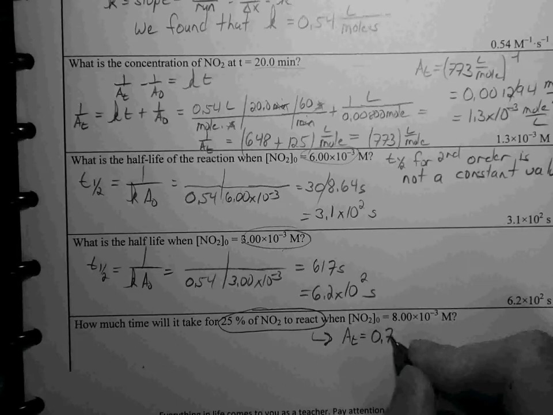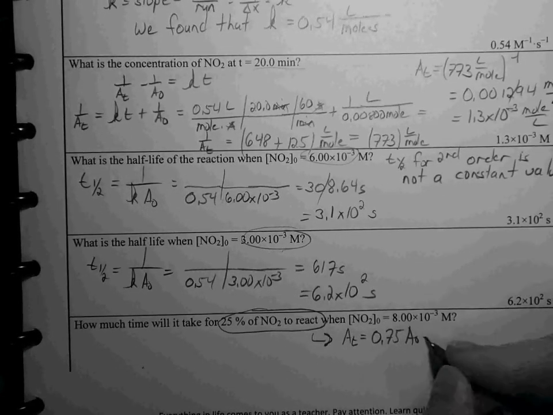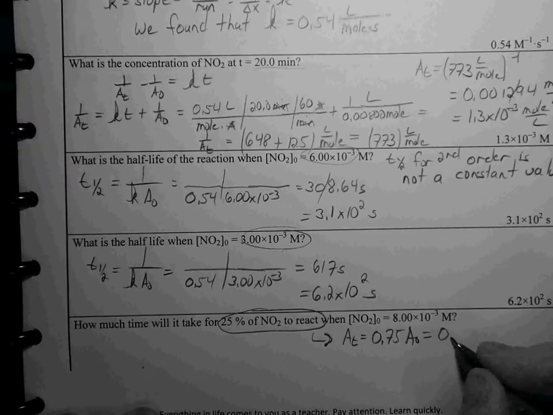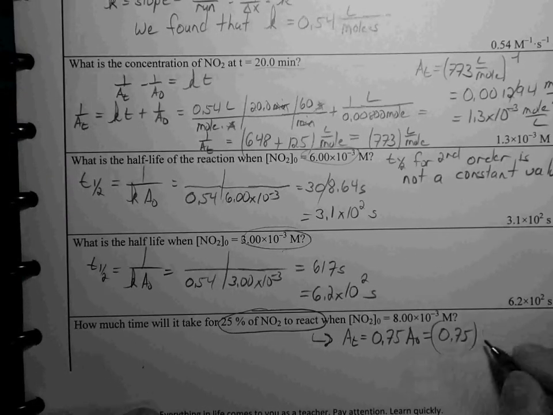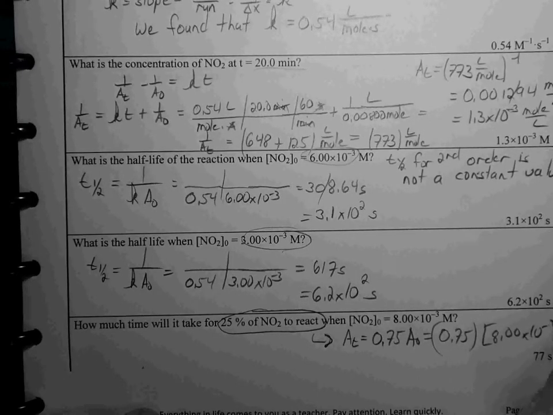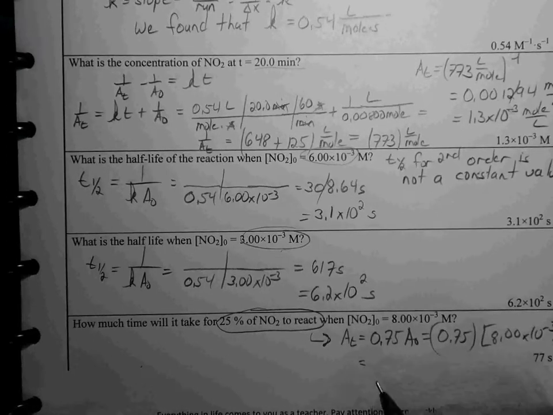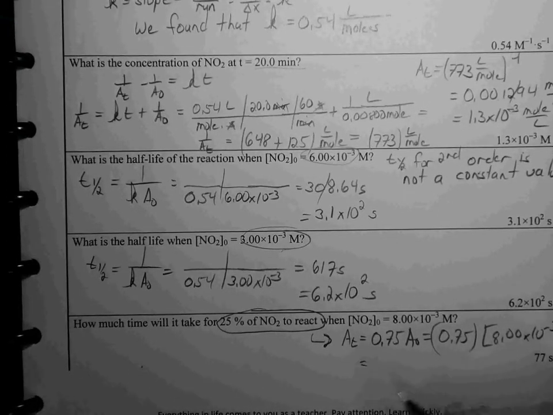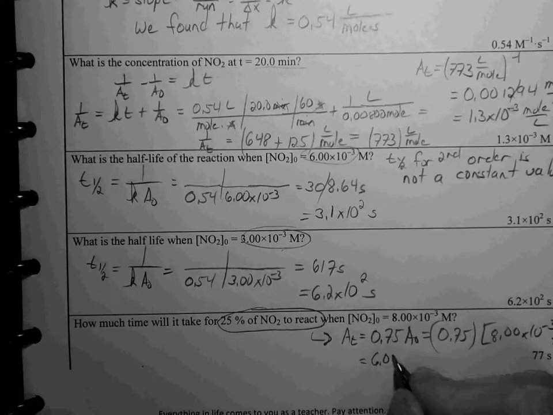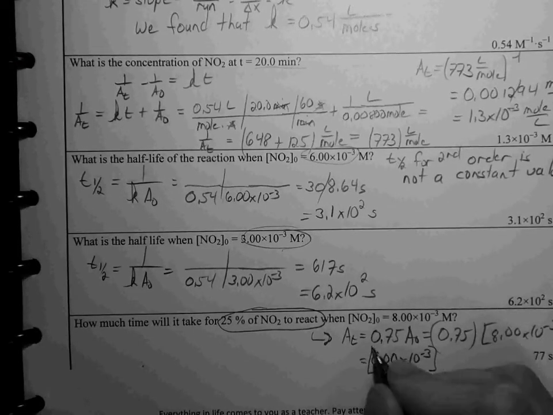So the amount at this time is 0.75 times our initial concentration, which is 0.75 times 8.00 times 10 to the minus 3. So [A]t at this targeted time is going to be 6.00 times 10 to the minus 3 moles per liter.